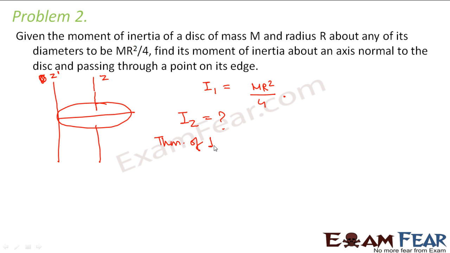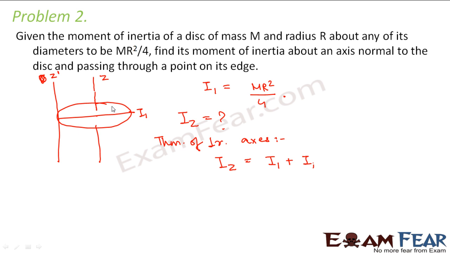Now, applying the theorem of perpendicular axis, we can say that Iz is equal to, if we call this I1, I1 plus I1. That's because Iz, the moment of inertia about an axis which is perpendicular to the plane of the object, is equal to the sum of the moment of inertia about two perpendicular axes, which lie in the plane of the object.